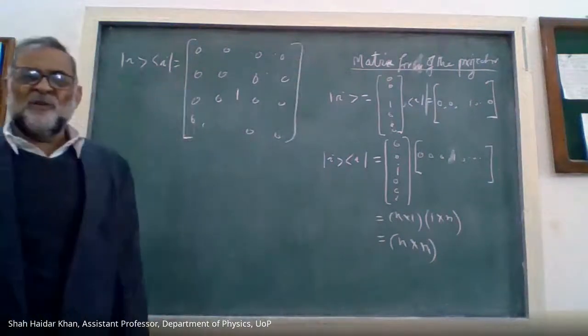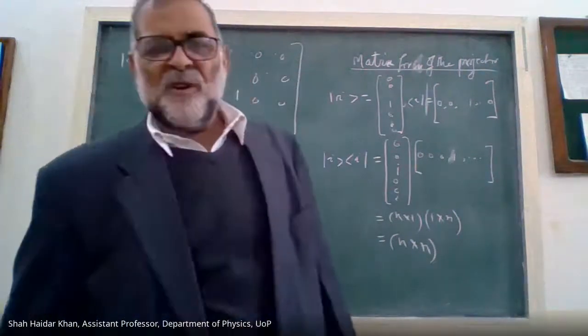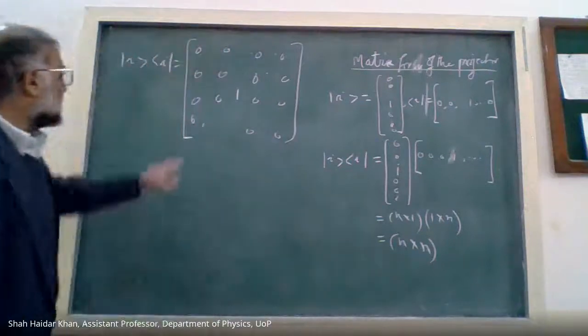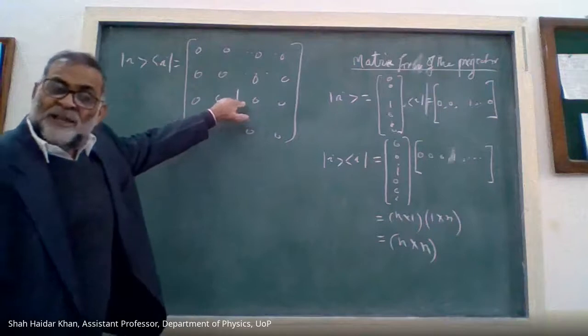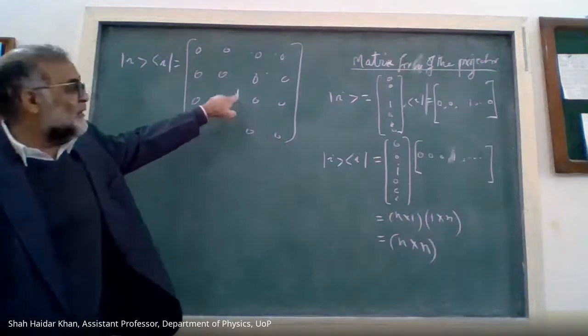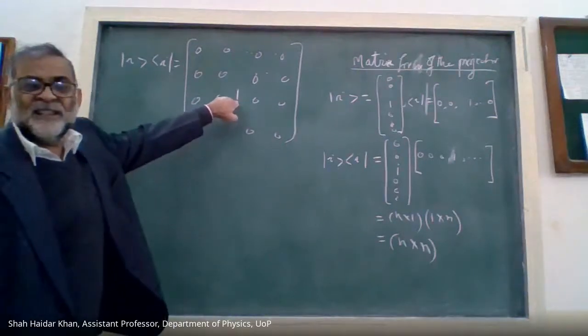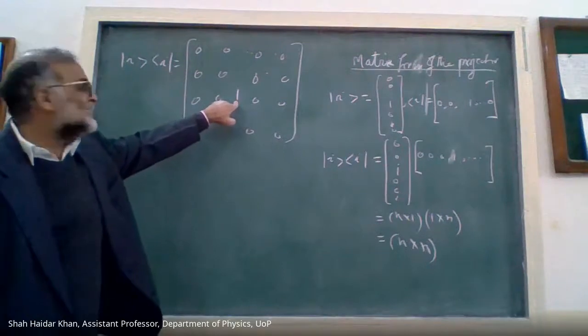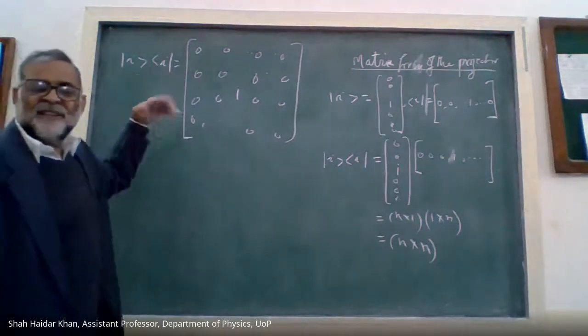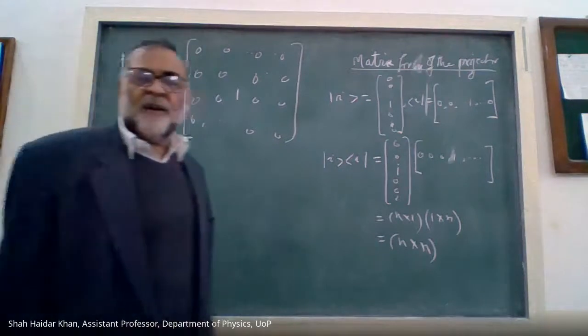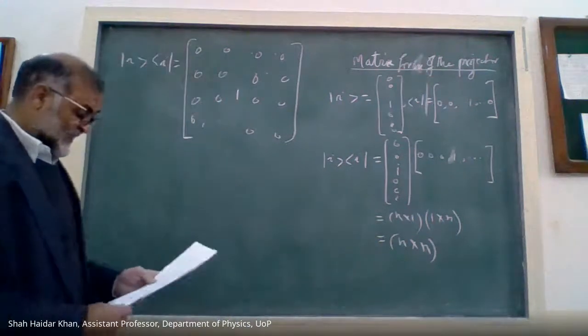This is an operator. Remember, we represent operators by square matrices. So this is the square matrix having a 1 in only one place, which belongs to the dimension that we are interested in.